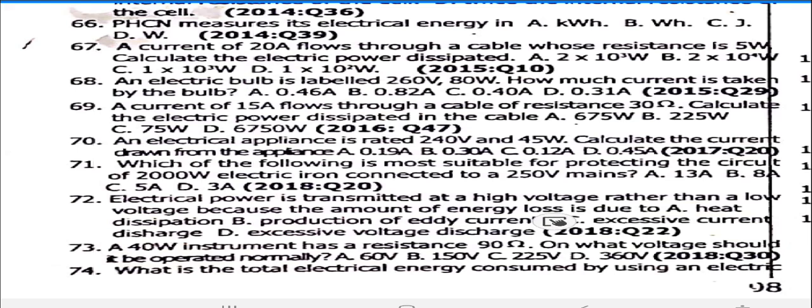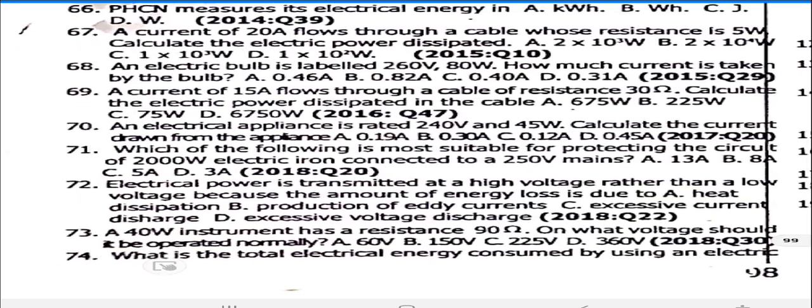Remember, high voltage and low current is called high tension. So electrical power is transmitted at high voltage rather than low voltage because the amount of energy loss is due to heat dissipation. Option A.